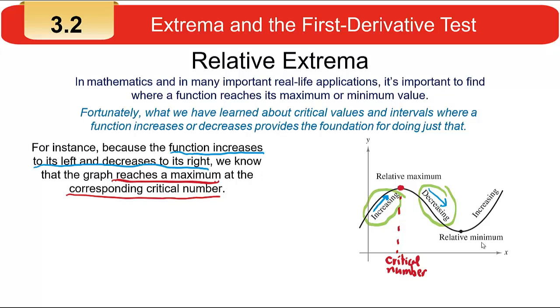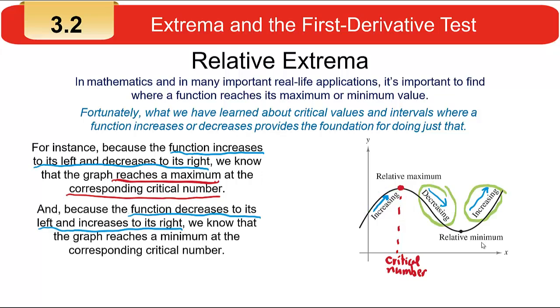At that critical number, where the graph was changing from increasing to decreasing, is something we'll call a relative maximum. On the other hand, if the curve is going down and then all of a sudden turns up, going from decreasing to increasing, you've hit a critical number which represents a relative minimum of the function.